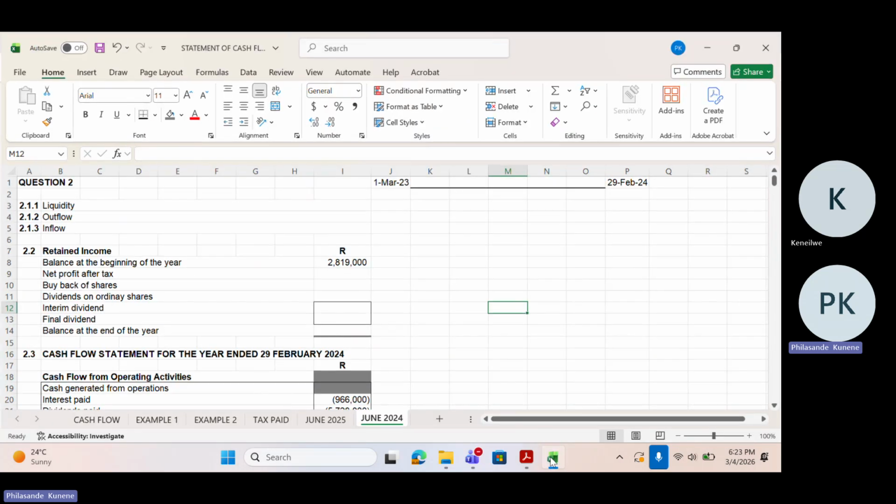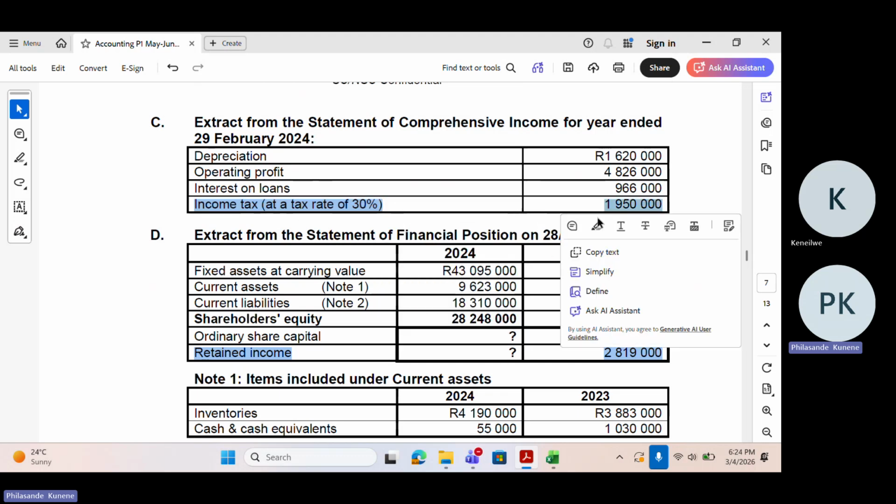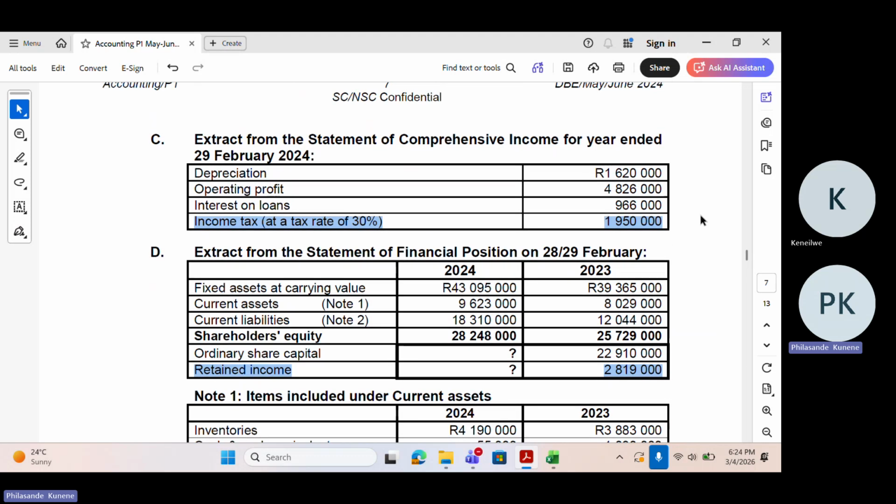Okay, and then next we're looking at net profit after tax. Did they give us the net profit after tax here? If you look here, we have depreciation, operating profits, interest on loans, and then income tax. They're telling you that at a tax rate of 30%, it is 1,950,000. So how are we going to calculate the net profit after tax in this scenario? We are going to say 70 over 30.